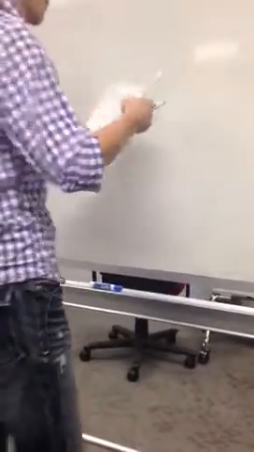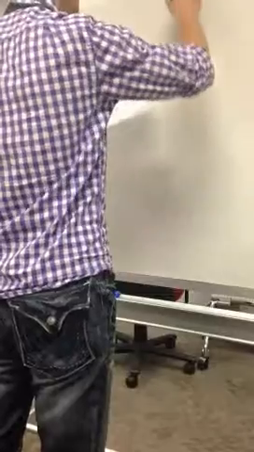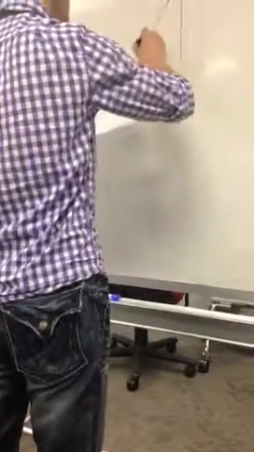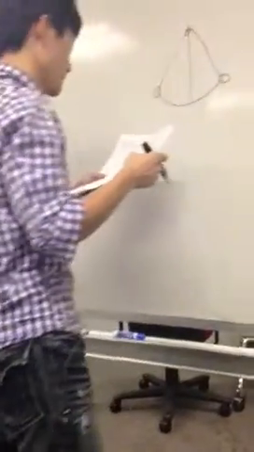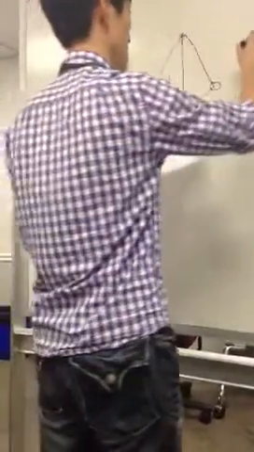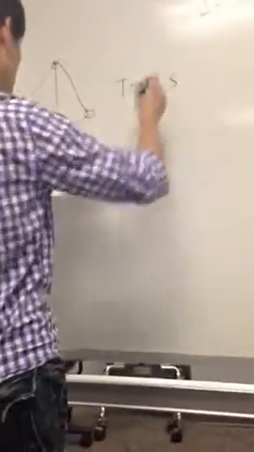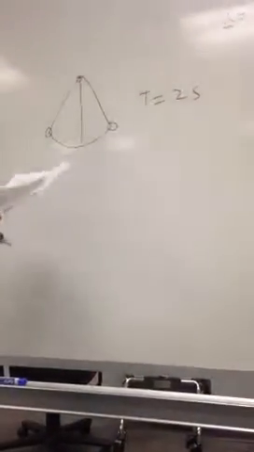And the next question is a pendulum that has a period of 2 seconds on Earth.